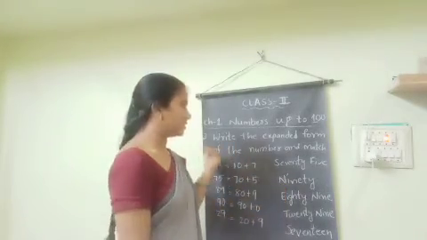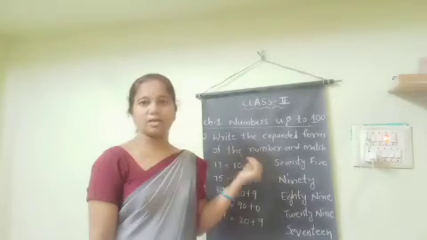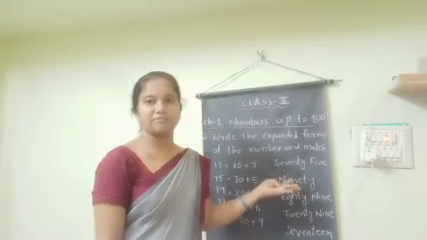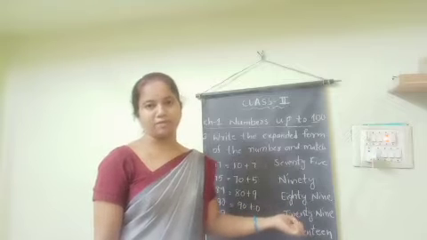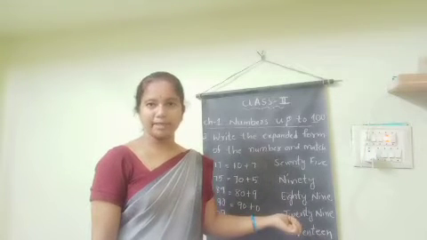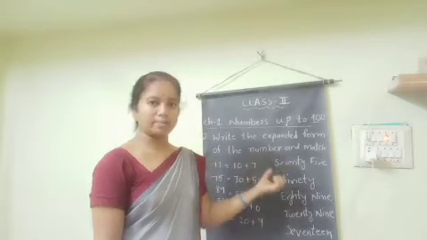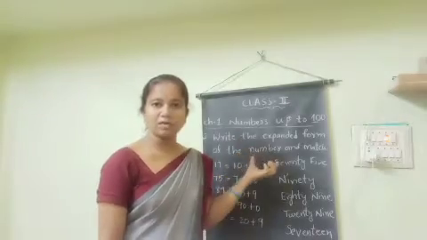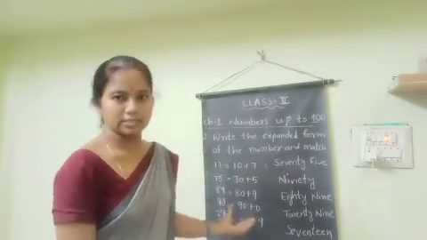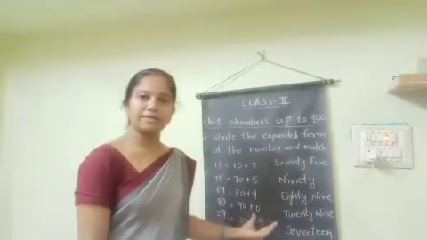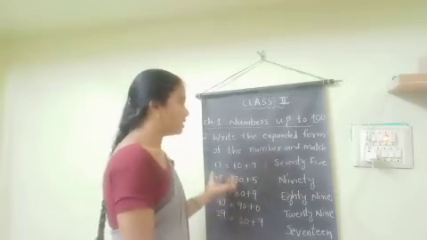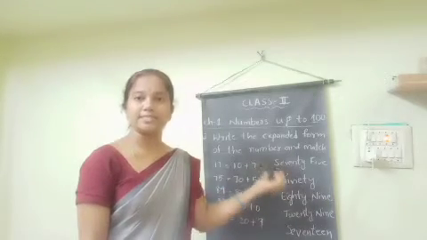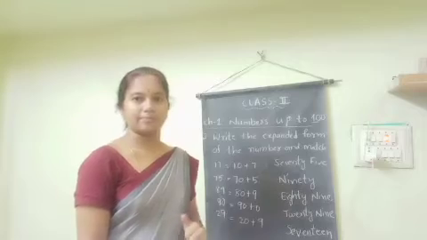We discussed in the earlier class the number names, place values, the definitions of place value, face value and expanded form. Do you remember the expanded form? Based on that expanded form we are going to do this next bit. So what is the expanded form? Yes, we write the number in terms of tens and ones.